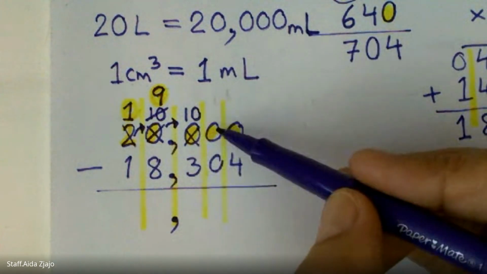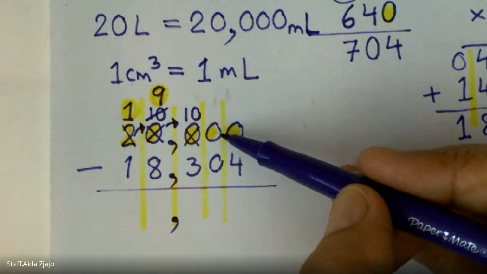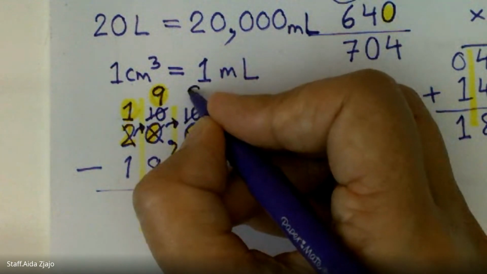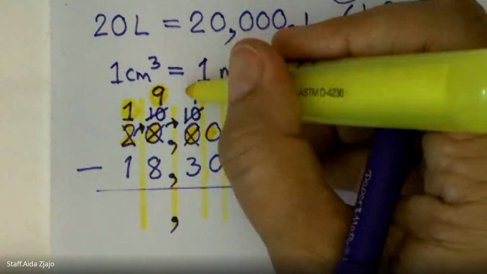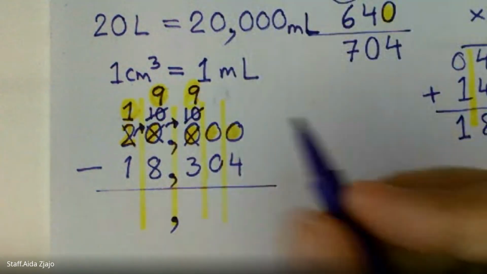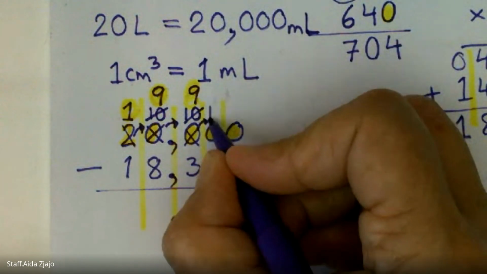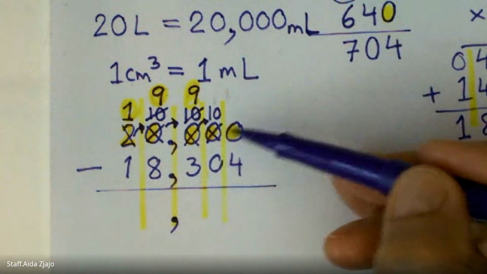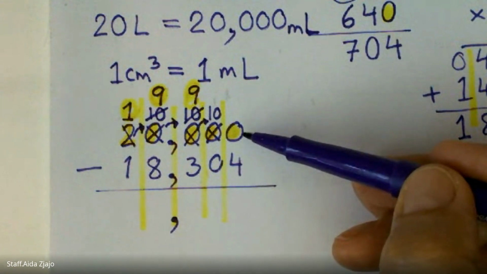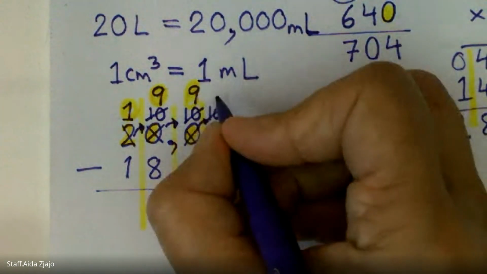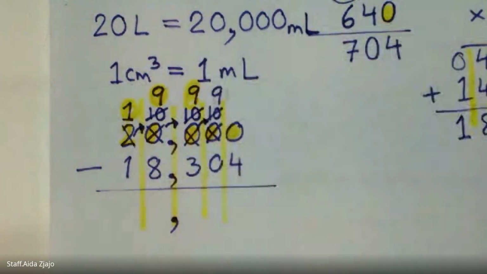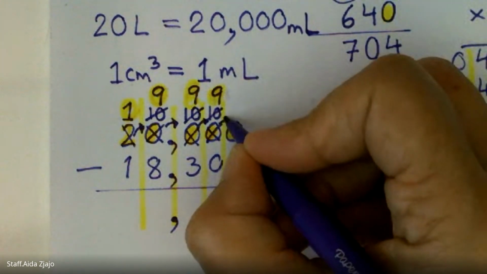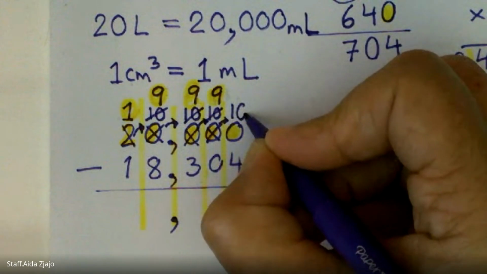But I still don't have any tens, so I need to keep regrouping. I'm going to take 100, and I will have 9 left. And then 100 will give me 10 tens. So now I will have 10 tens, but I still don't have any ones. So I'm going to take 10 and leave 9, and then 10 finally will give me 10 ones.